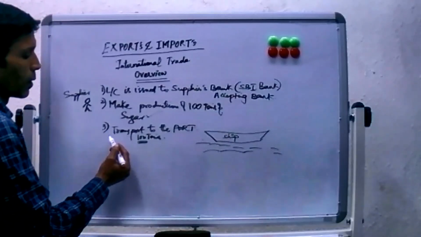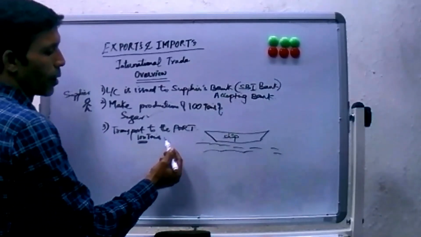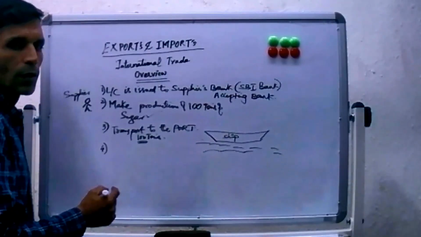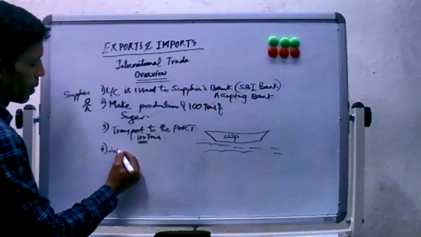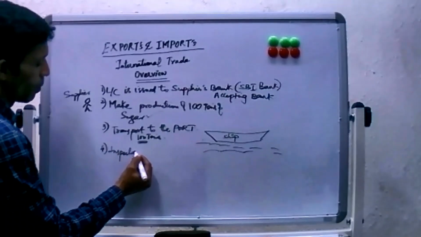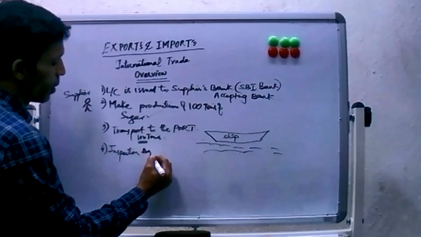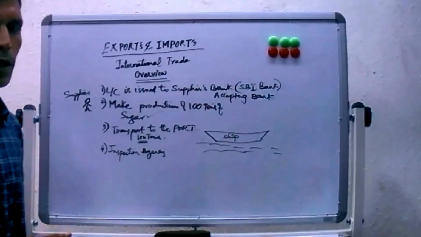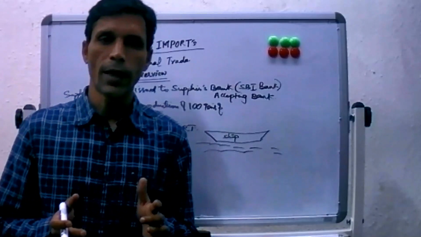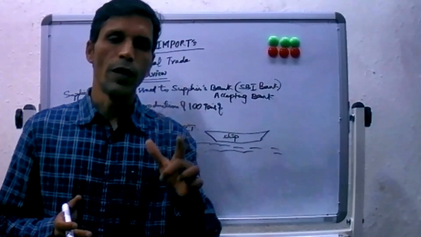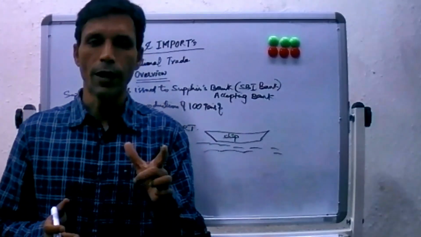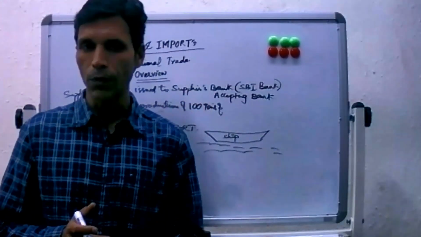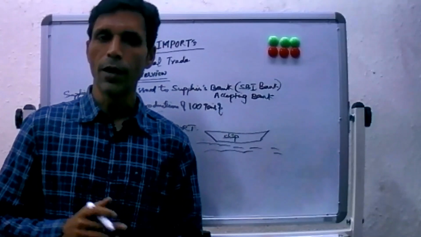Once this 100 tons of sugar reaches here, there can be an inspection agency if the buyer needs one. If, while making the LC, the buyer has asked the supplier to provide an inspection video clip or an inspection stamp on the 100 tons of sugar, then the supplier has to do it as per the letter of credit LC norms.